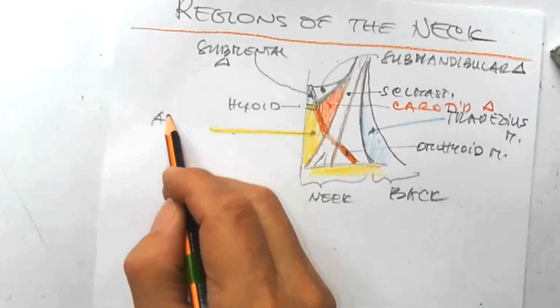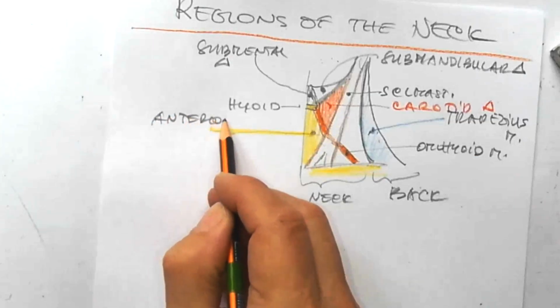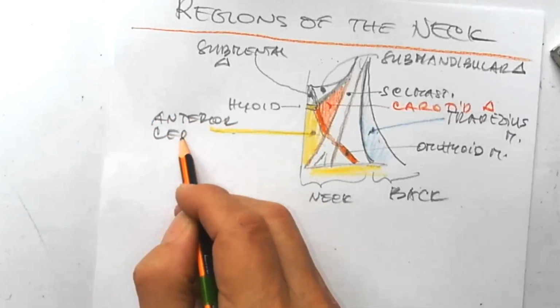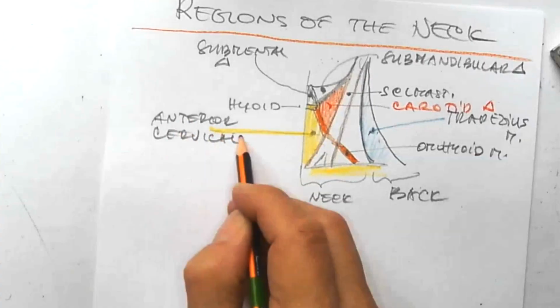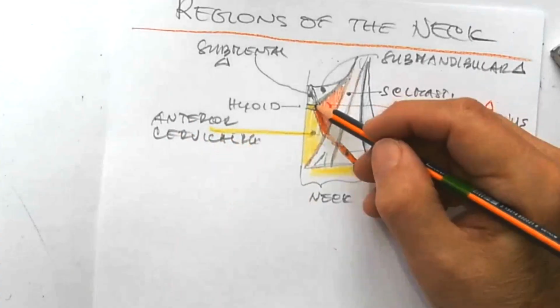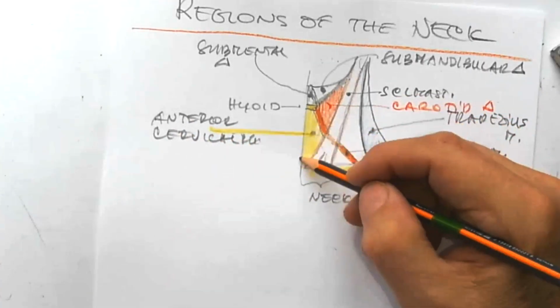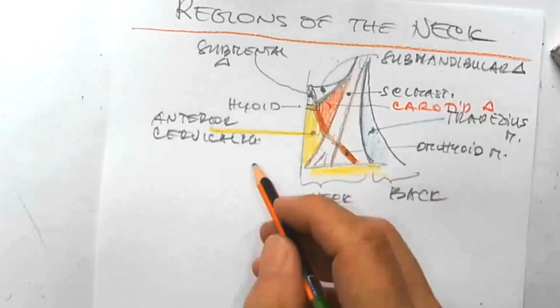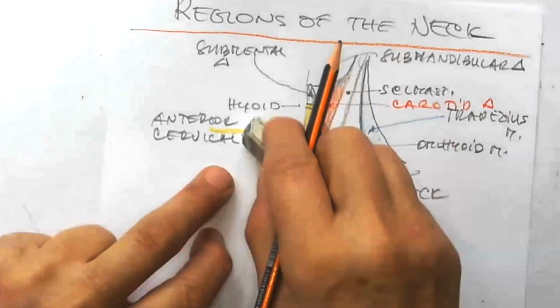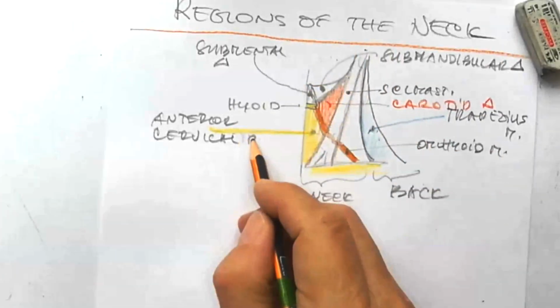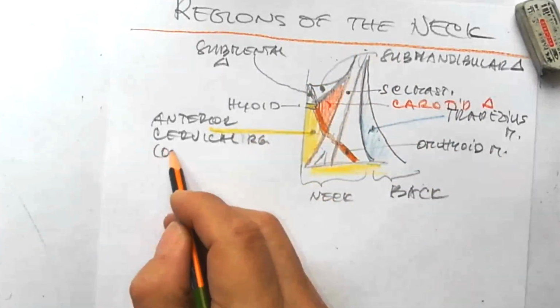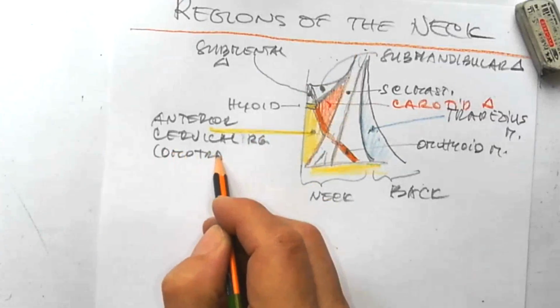anterior cervical region. The anterior cervical region is also called omotracheal because at the center, the distance to the trachea is the omohyoid. Cervical region must be improved. Cervical region also omotracheal.